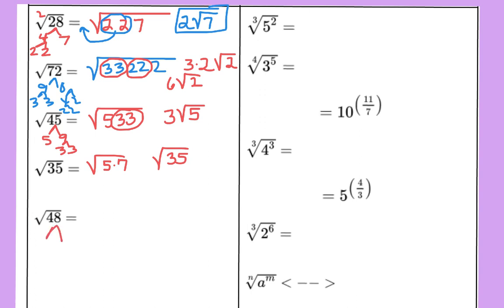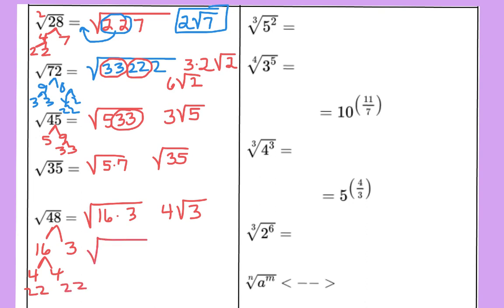Square root of 48. Now, if you recognize that 48 is 16 times 3, go right ahead and think of it as the square root of 16 times 3. The square root of 16 is 4. Left over square root of 3. But if you want to keep going, that's fine. 4 times 4, 2 times 2, 2 times 2.